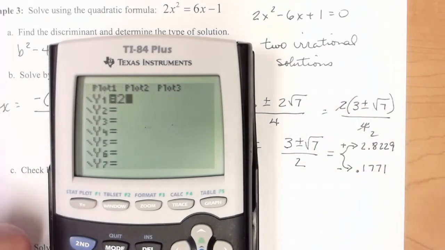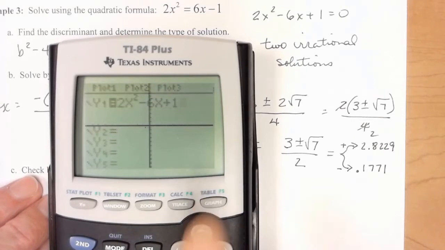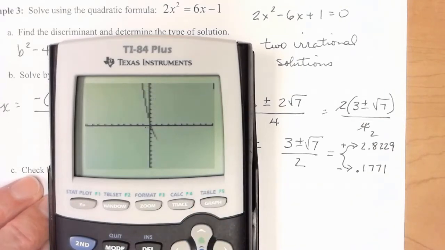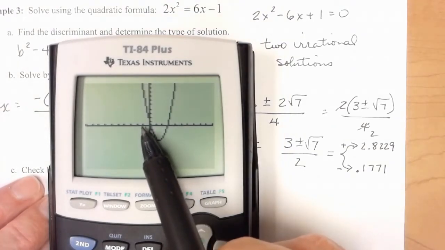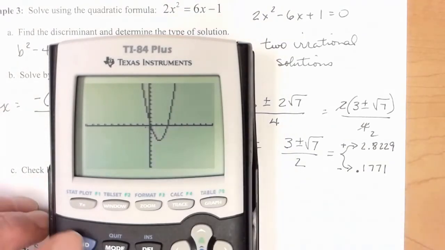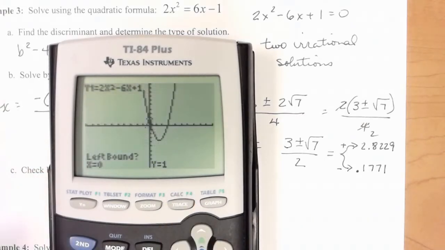Type in your equation. Ask it to graph. It should hit the x-axis in 2 places. This one looks like around 0, so my left bound I'll use -1, right bound I'll use 1. So second trace for 0, -1, 1.